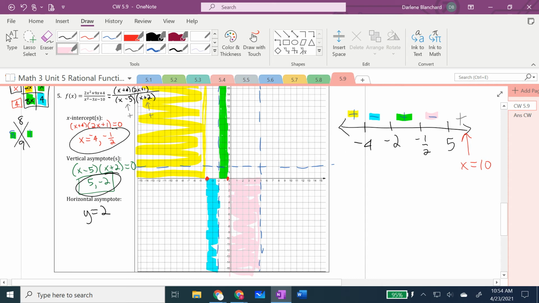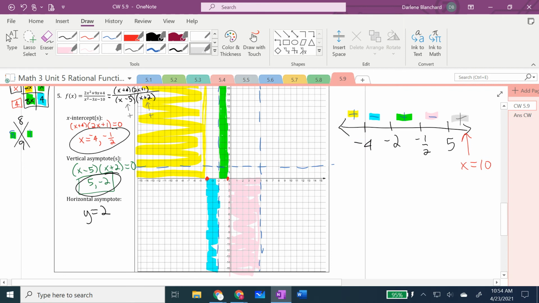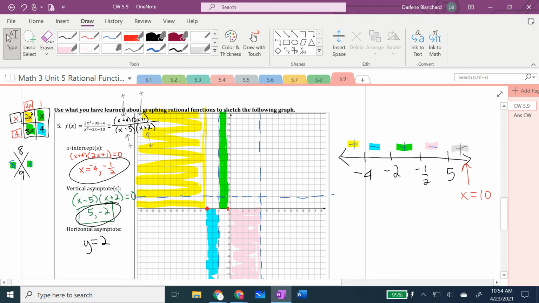And then one more section to go. This section shows that if my x is larger than 5, I have only positive values.